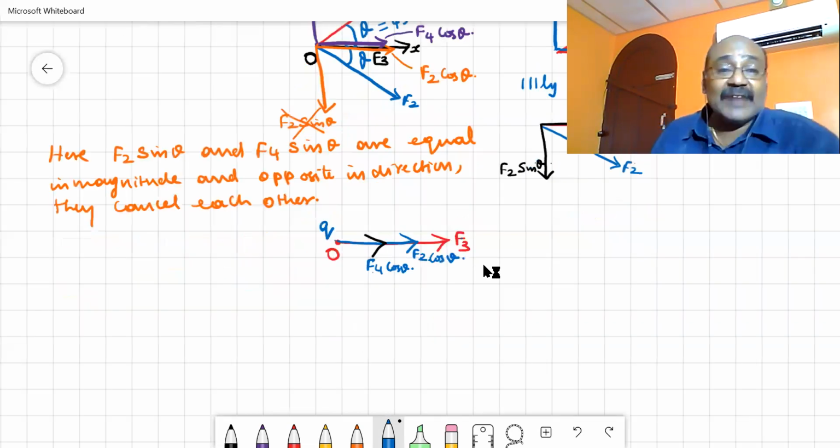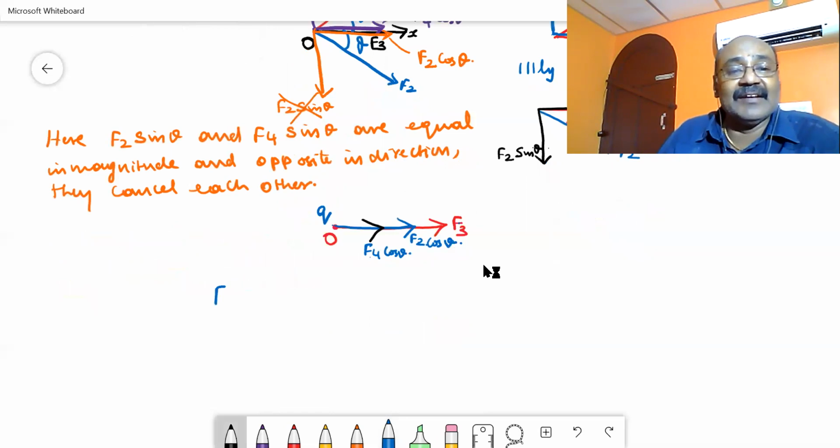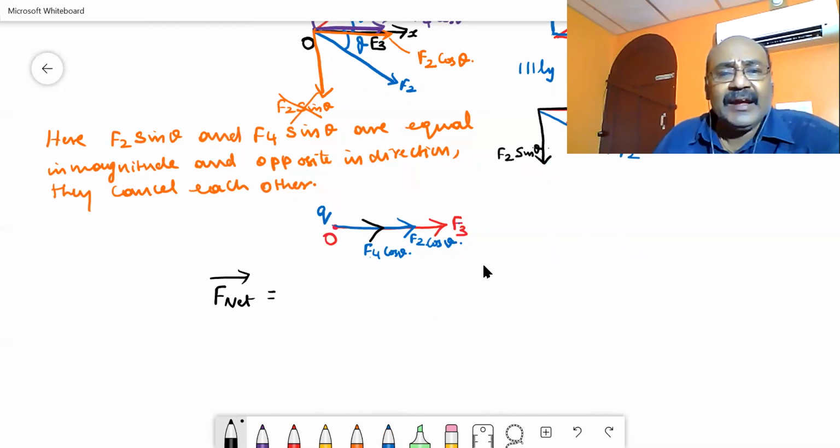So with this, I can calculate the net force. What is the net force then? I can say F net vector is equal to F3 vector plus F4 cos theta vector. Or if this is the magnitude, instead of taking F3 vector, I am taking the magnitude alone.